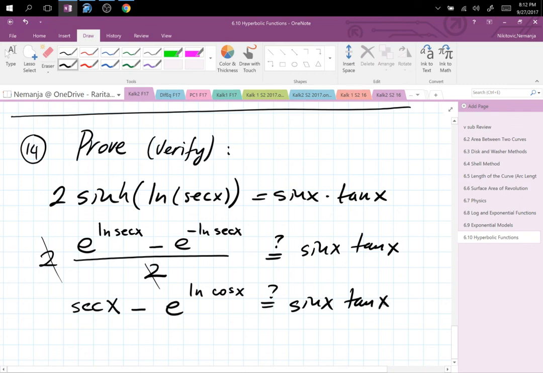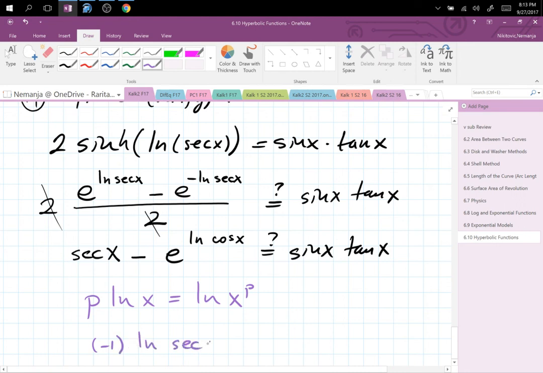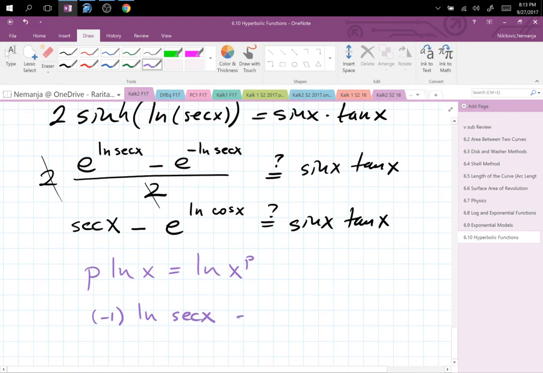Explain that again. What do you do with the sign? The rule for logs is p ln x is ln x to the p. So you had negative 1 times ln sec x. So this negative 1 goes as the exponent of this one, and then it becomes ln of 1 over sec x, which becomes ln of cosine.